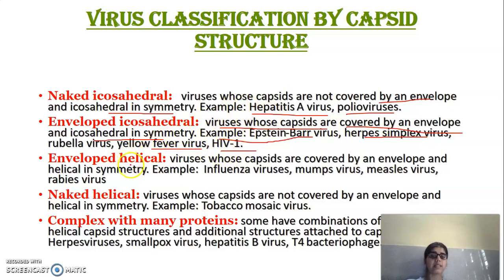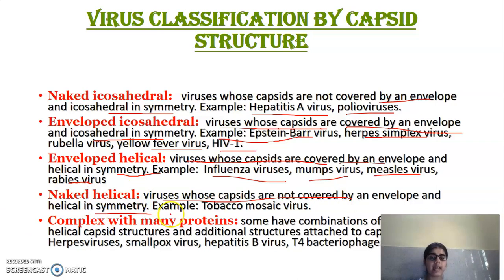Enveloped helical viruses are viruses whose capsids are covered by an envelope and they show helical symmetry, and the examples are influenza virus, mumps virus, measles virus, and rabies virus. Naked helical viruses are viruses whose capsids are not covered by an envelope and they show helical symmetry.